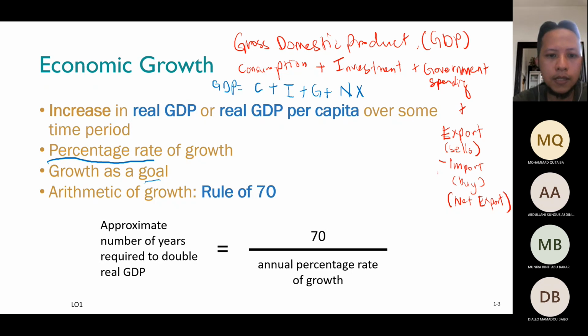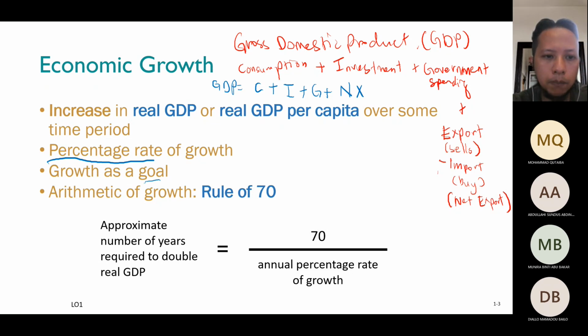There is a mathematical equation on growth called the rule of 70. This provides an approximate number of years required to double real GDP.